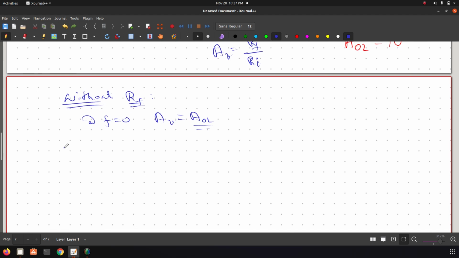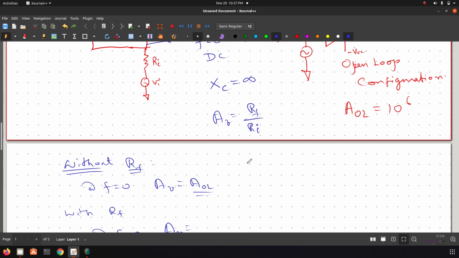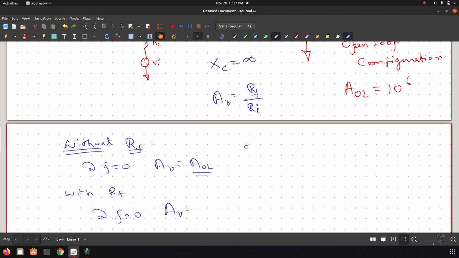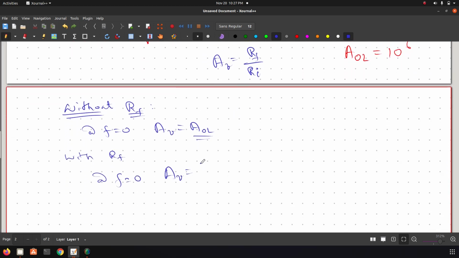So with the feedback resistor RF at low frequencies, the gain of our op amp integrator circuit is Rf by Ri.